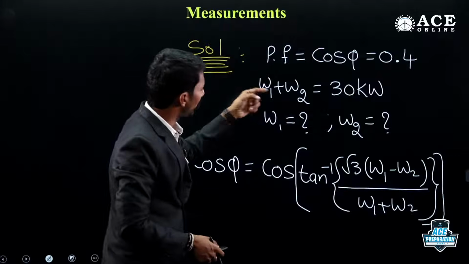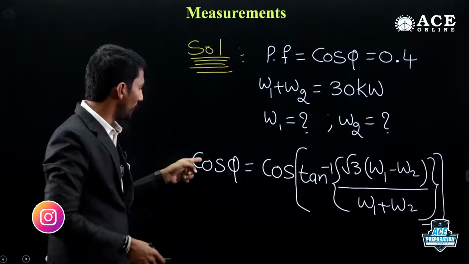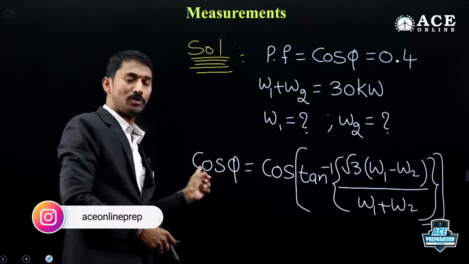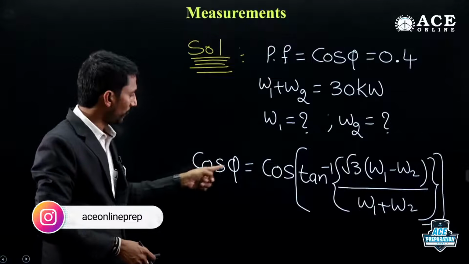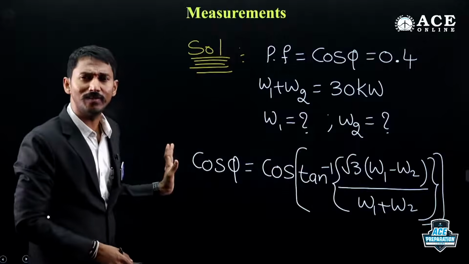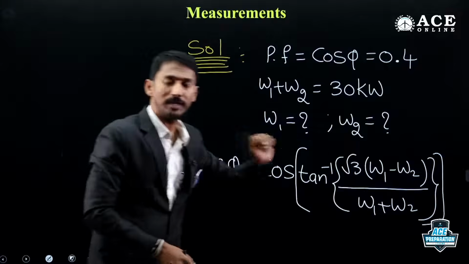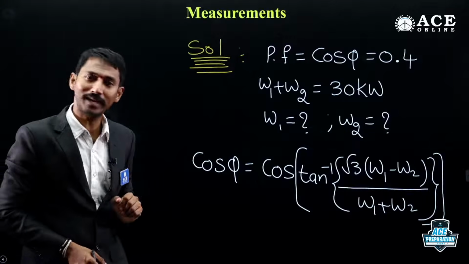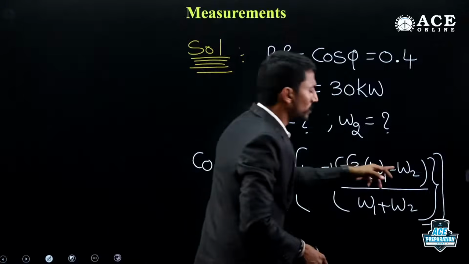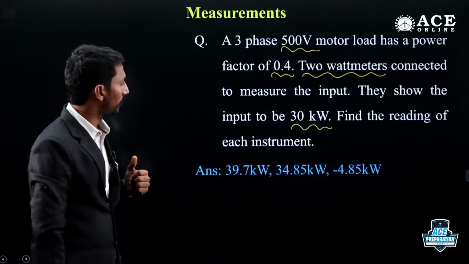If you are able to recollect the formula, cos phi, cos of tan inverse, in this entire equation, cos phi and W1 plus W2 are given. W1 minus W2 is unknown.